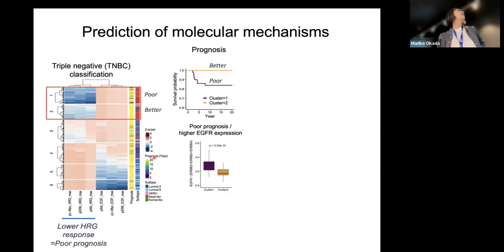And we see that this is because the poor prognosis group contains a higher EGFR expression ratio compared to the other family receptor members. This may be the reason for these dynamics changes.